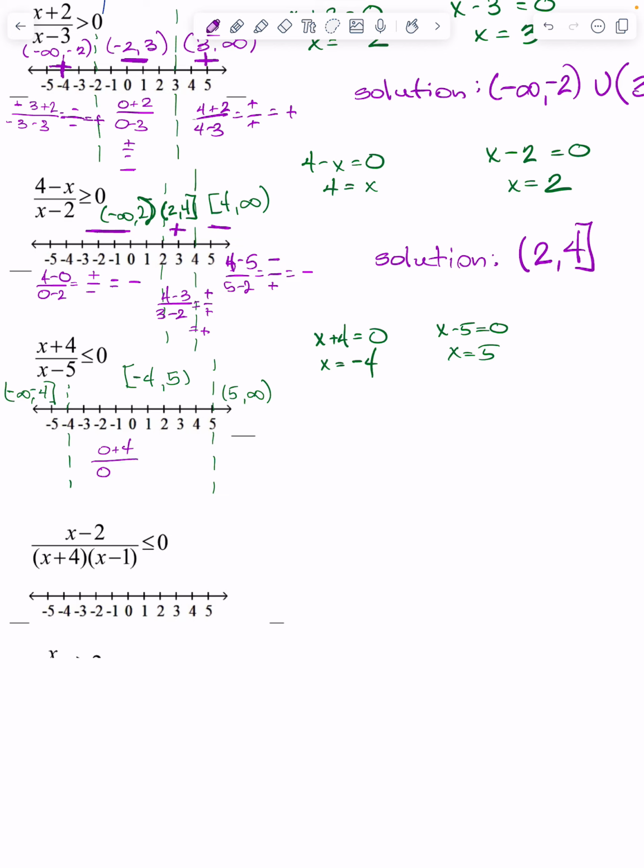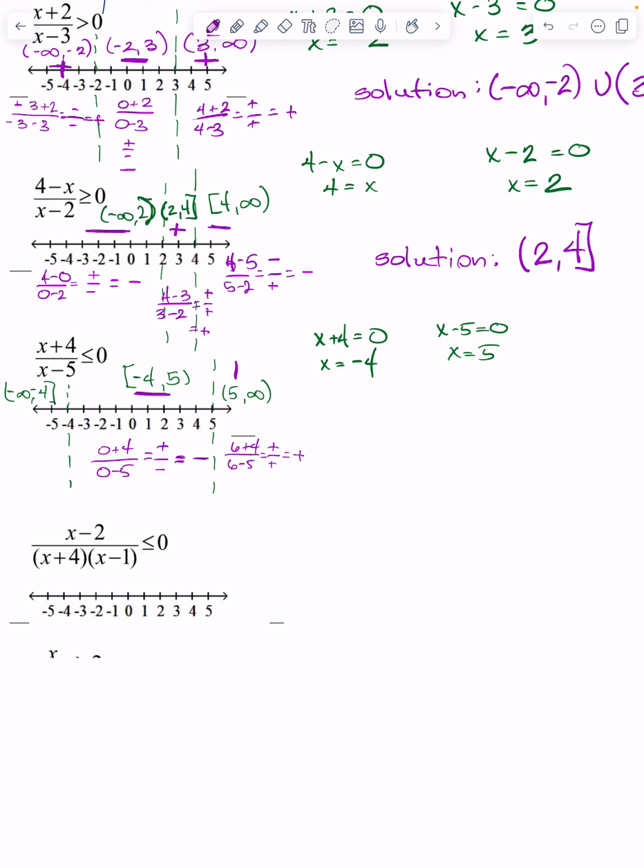It doesn't really matter. I got 0 plus 4, positive 4, 0 minus 5, negative 5. Positive divided by a negative is going to give me a negative. I got, what can I use over here? 6 plus 4, 6 minus 5. Positive over positive.